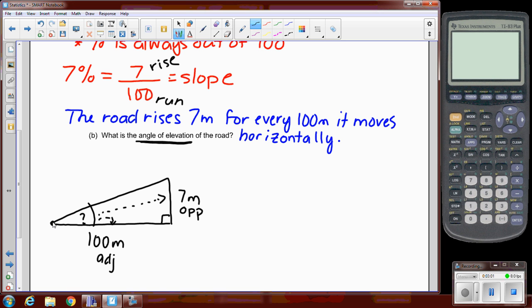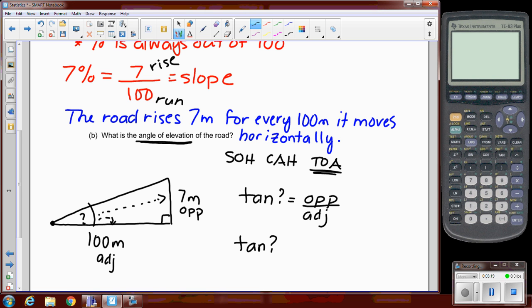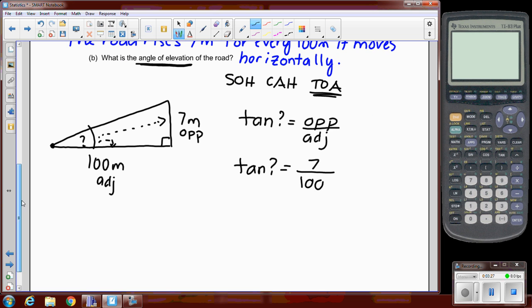And if we go back to SOH CAH TOA, which you had a lot of practice with in the trig unit, that's talking about tangent. So we'd say the tangent of this unknown angle is the opposite side divided by the adjacent side. The tangent of this unknown angle is the opposite, which is 7, over the adjacent, which is 100.